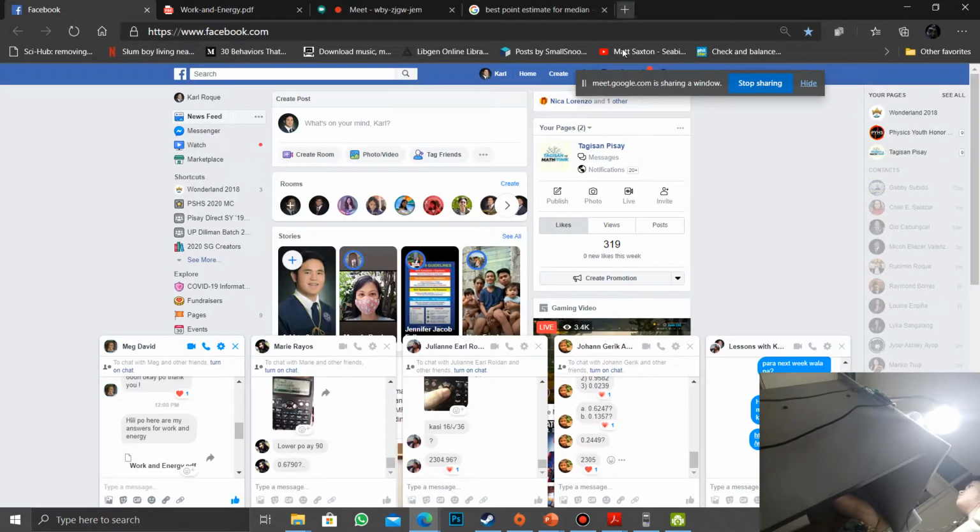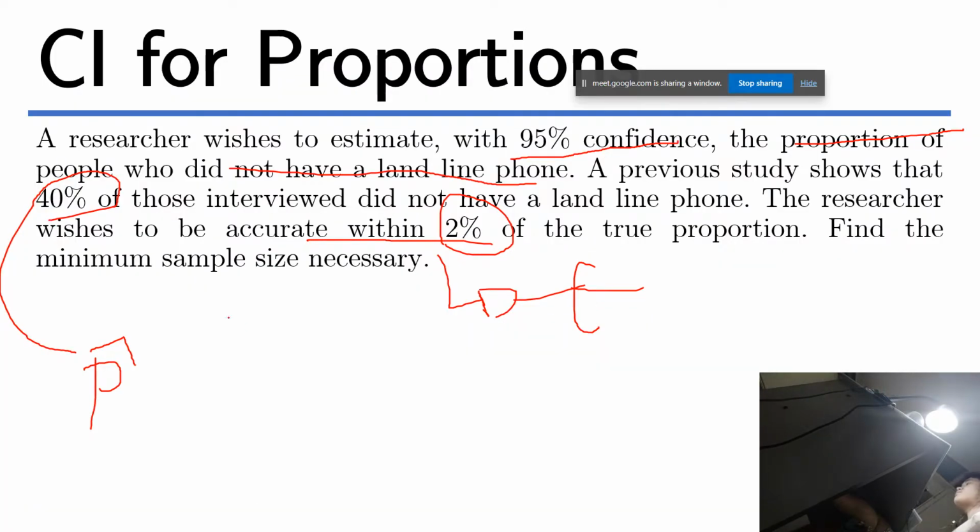Sige guys ha. Oh, game. Let's discuss. Sige, last na to for today. Game ha.